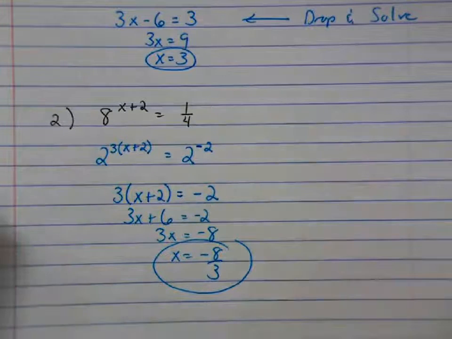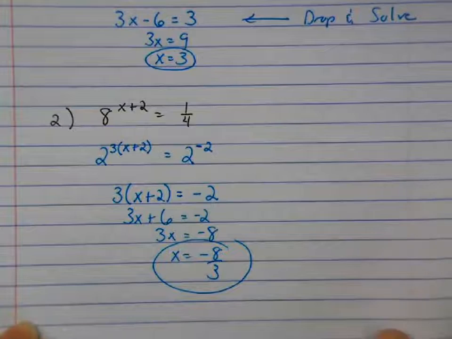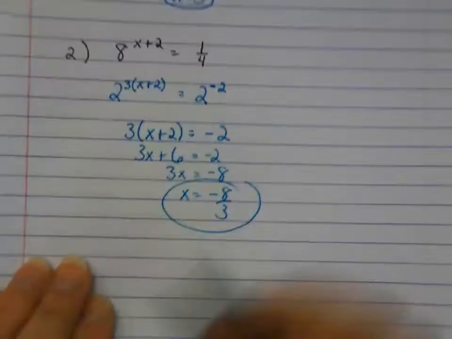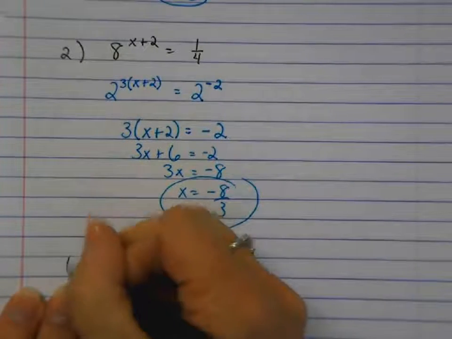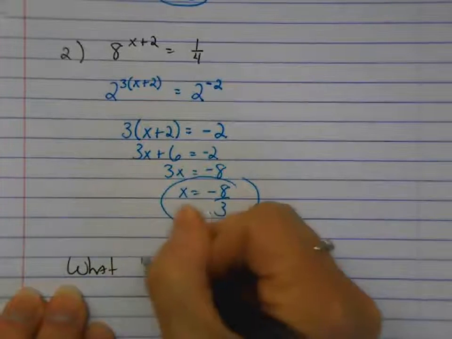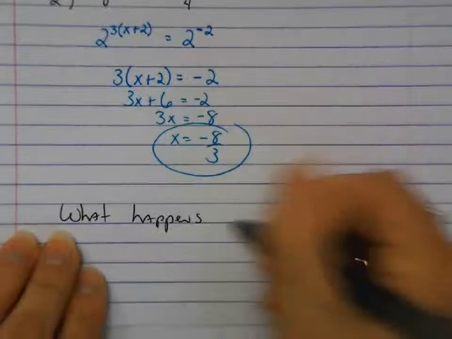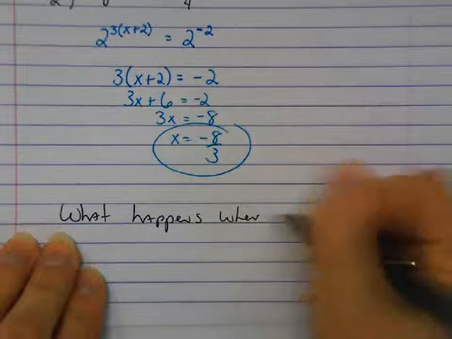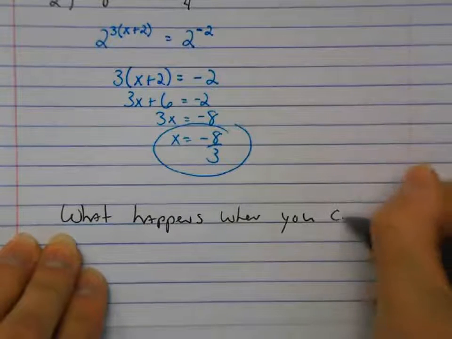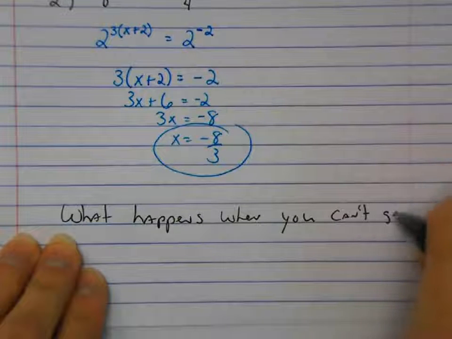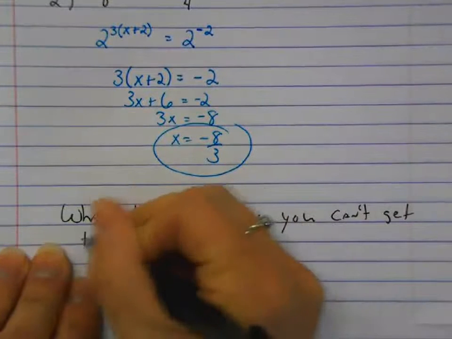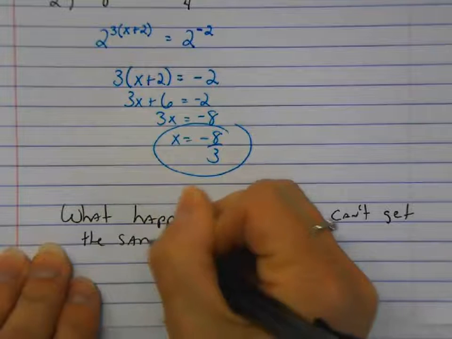You can't always get a common base. So what happens when you can't get the same base? You just can't.